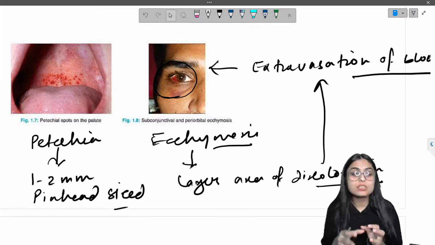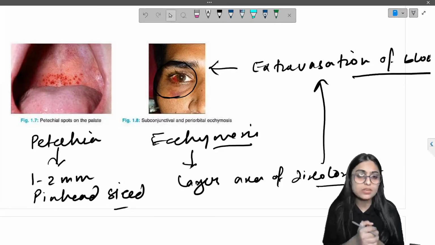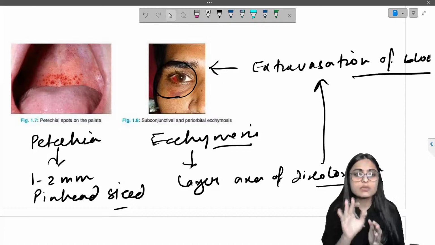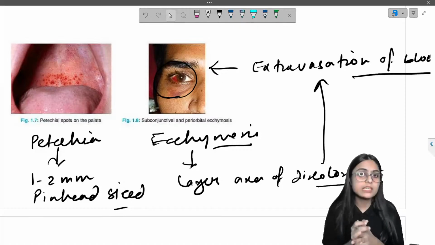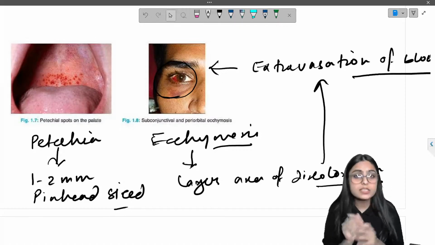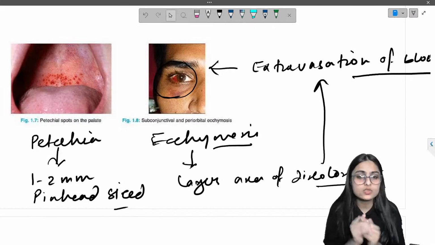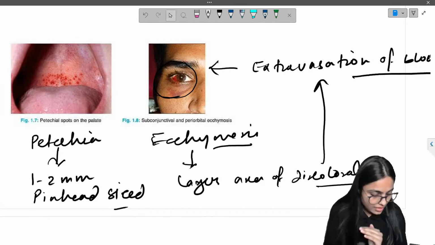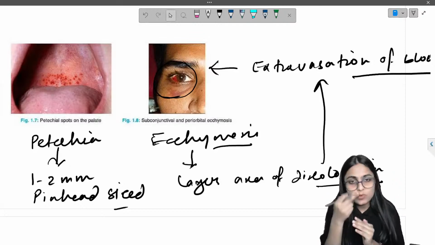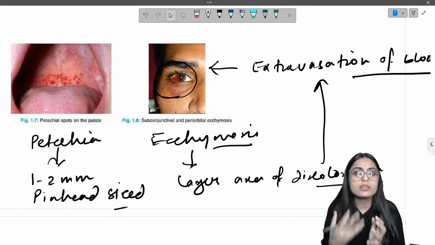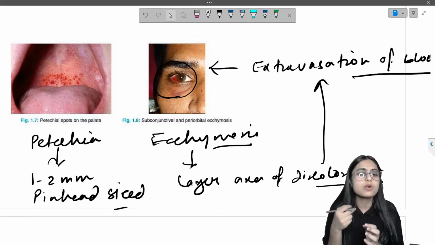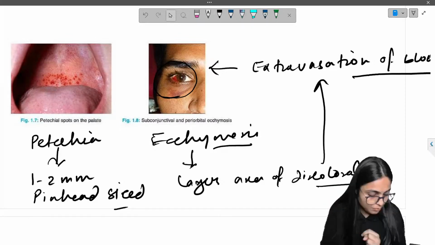Why I'm telling you the significance of this is because you can diagnose the case by just looking at the lesions, or at least give your differential diagnosis.